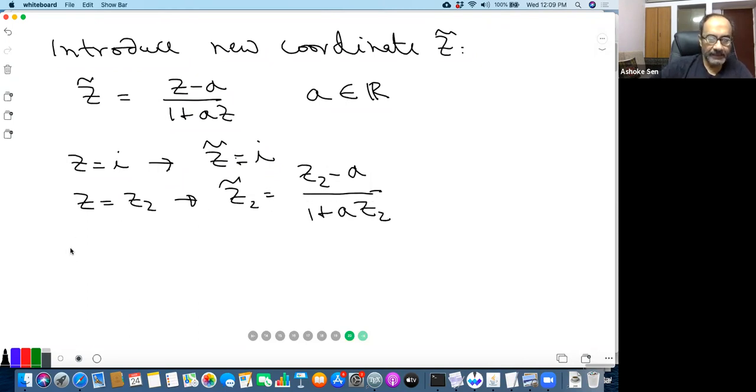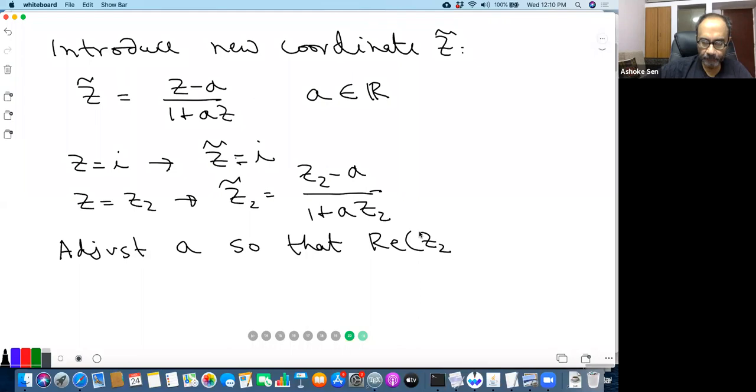And now the idea is that we adjust A so that real part of Z2 tilde is 0. So in the Z tilde plane, the vertex operators, one of them is at I, the other one is on the imaginary axis.